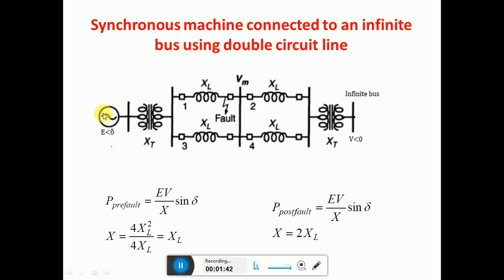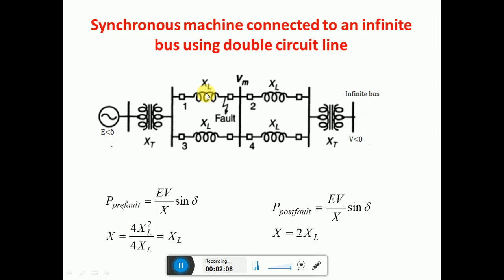Now here this synchronous machine is connected to the infinite bus through the double circuit line. When two lines are in working condition, the power transfer from this side to that side we can write from the power angle equation, which is P pre-fault, before fault, equals EV by X sine delta.